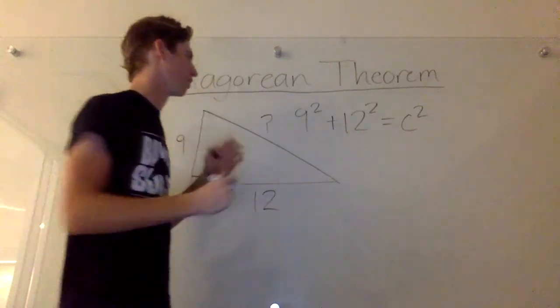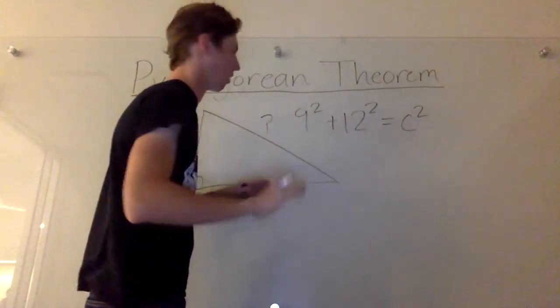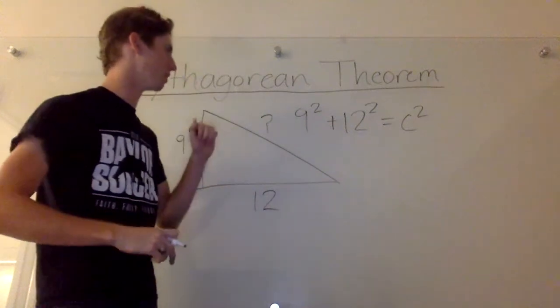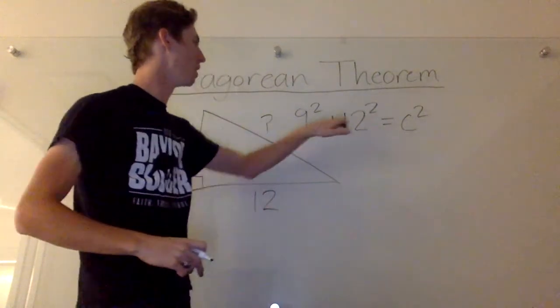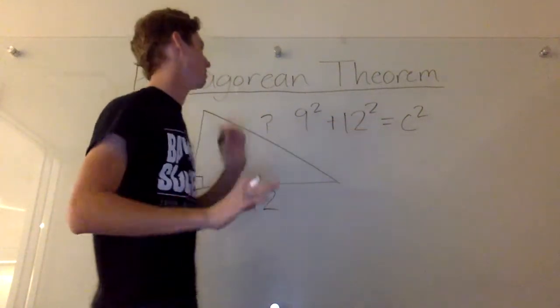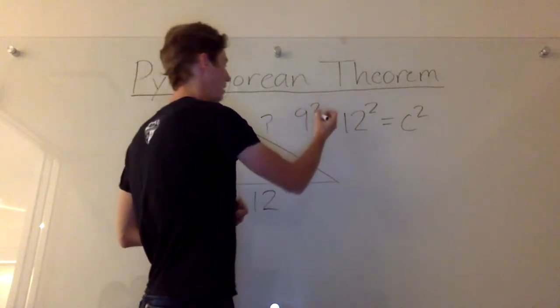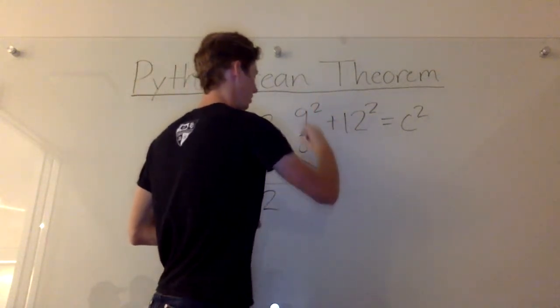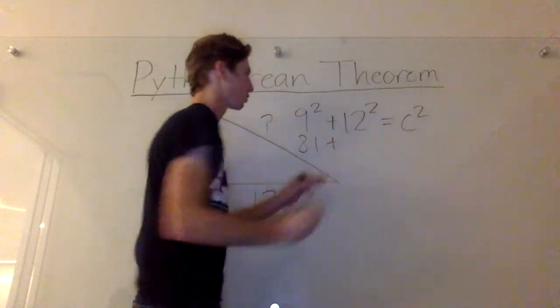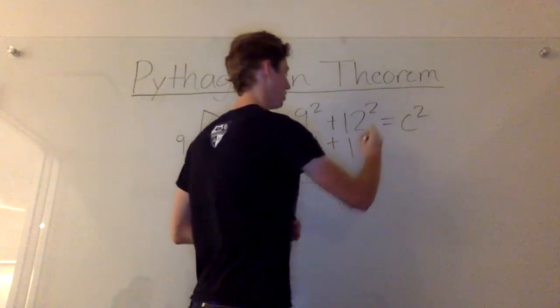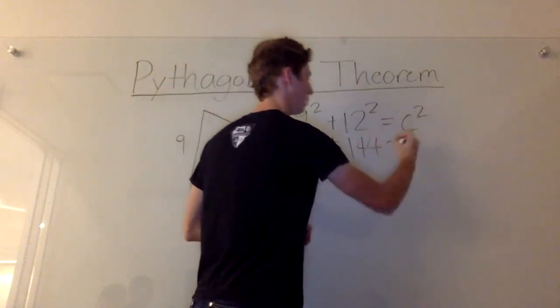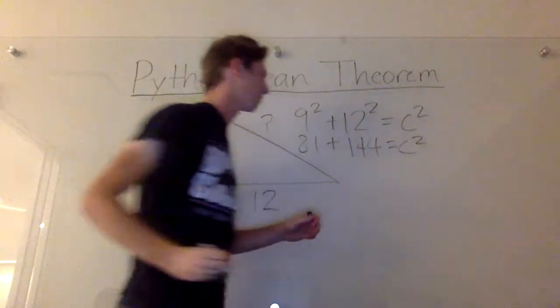You're going to simplify first. Our awesome PEMDAS tells us that we need to settle any exponents before we move on because there's no parentheses. So 9 squared is going to give us 81, right? 12 squared will give us 144, and we still can't do anything with c squared yet.